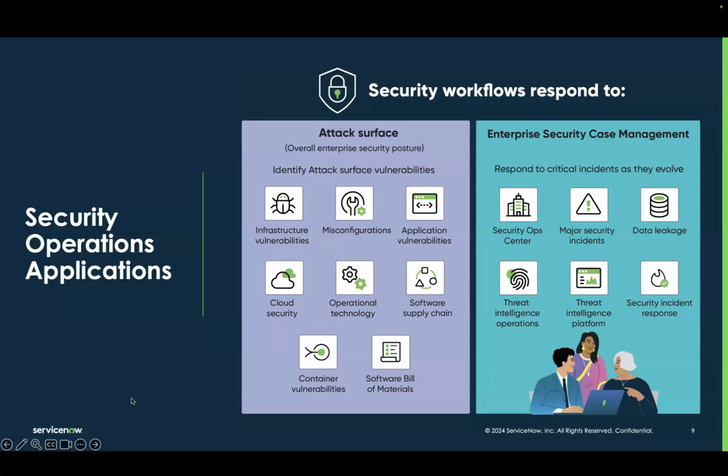And on the SIR side, your major security incident management, which is purpose built for those major security incidents like your ransomware and things like that. So check in with your account team, find out what you're entitled to, and see where you want to start. Andy will be talking more about the implementation side of things, but it's always good to know what is out there and what is available to you.